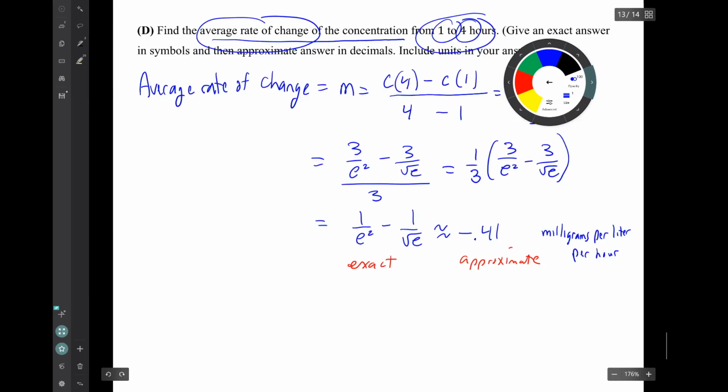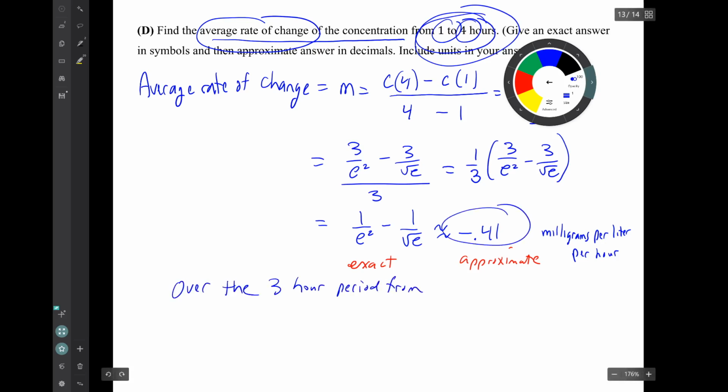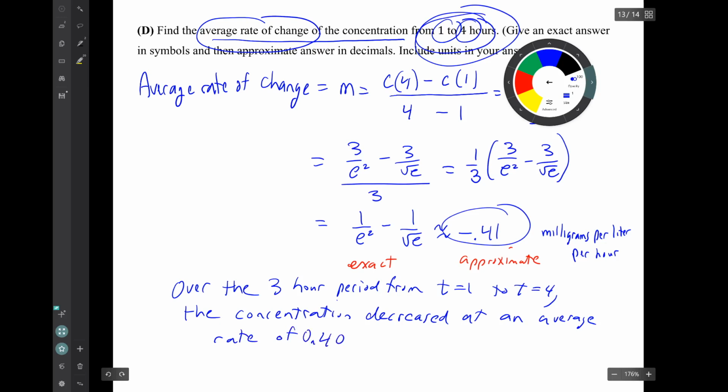And finally, question D, this tells us that over that 3-hour period, concentration was decreasing on average at that rate. So the average rate of change was negative, so when we describe this in words, we'd say that the concentration was decreasing at a rate of 0.41.